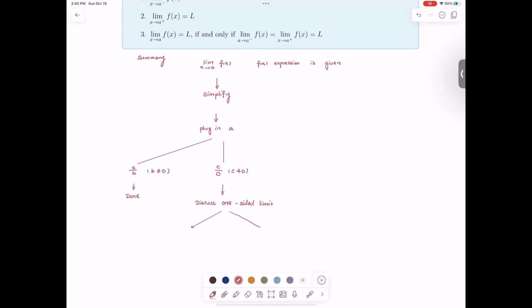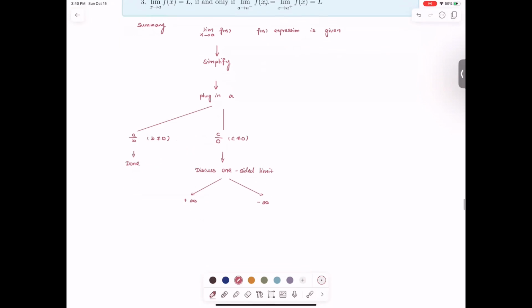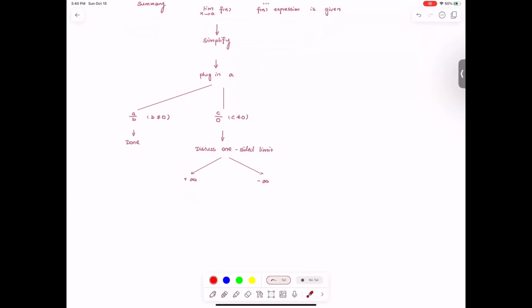You'll get either positive or negative infinity for each one-sided limit. If they are different, then obviously the limit does not exist.